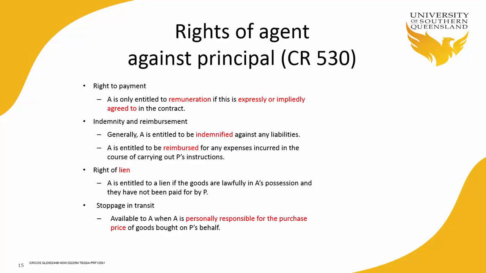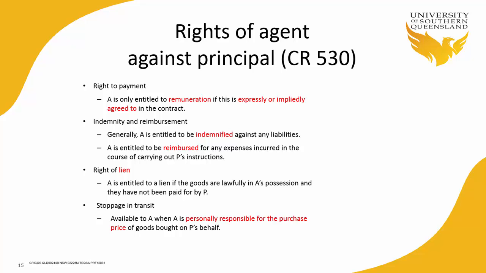So that's what lien really means. The agent has the right to possess the goods or items that belong to the principal, and keep possession of these until they are paid for their agency, so their expenses and commission.